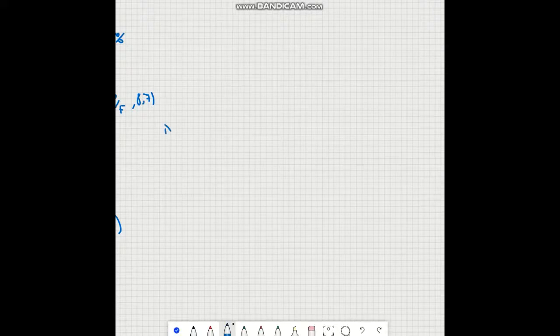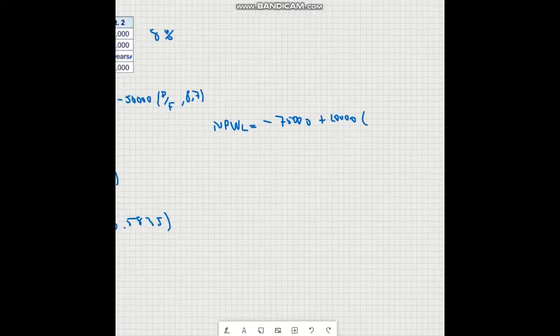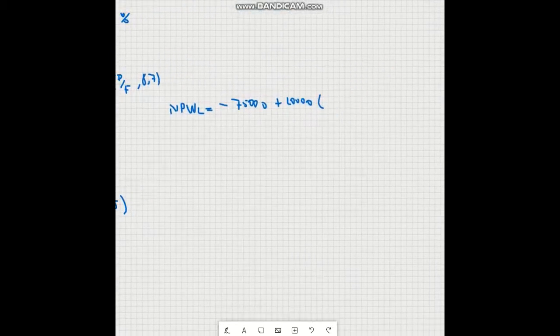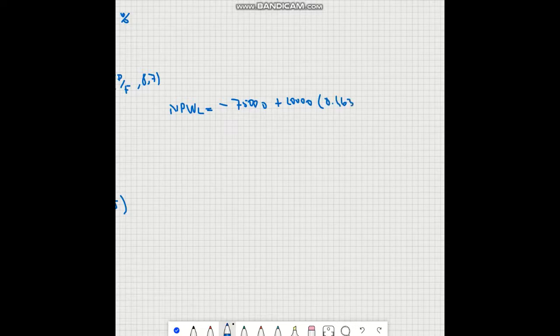Let's say the net present worth of the second one is 75,000, it's gonna be minus, right, plus 20,000 and multiply by, let's see the coefficient, 0.4632.